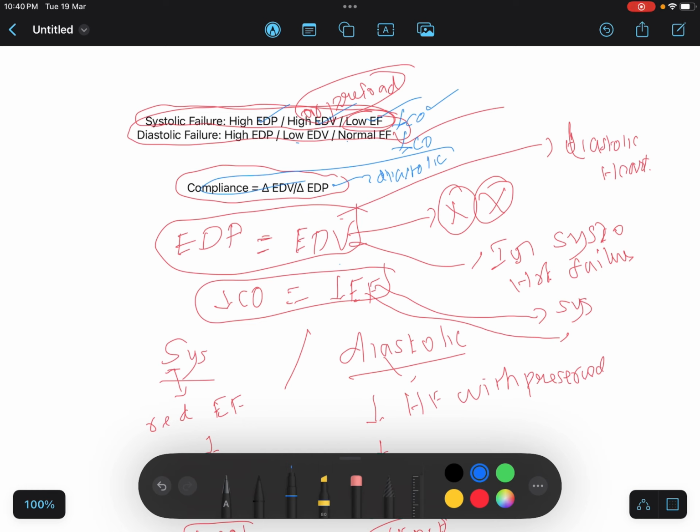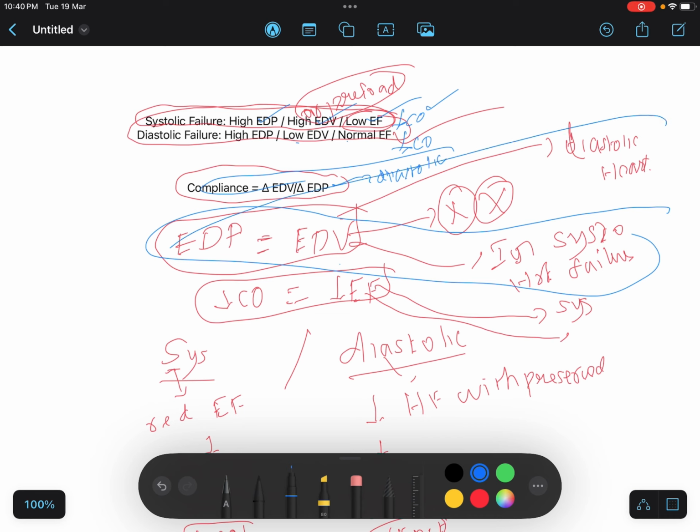No. Both end diastolic pressure and end diastolic volume are increased in systolic heart failure, but they are inversely proportional in diastolic heart failure. So if you see increased end diastolic pressure, don't simply think it's increased end diastolic volume.